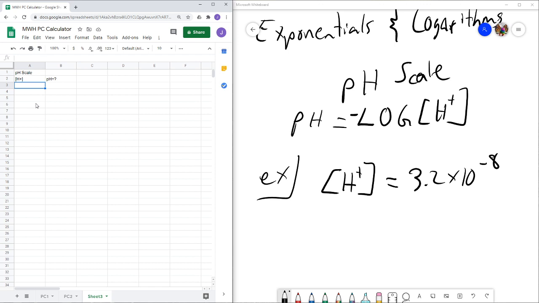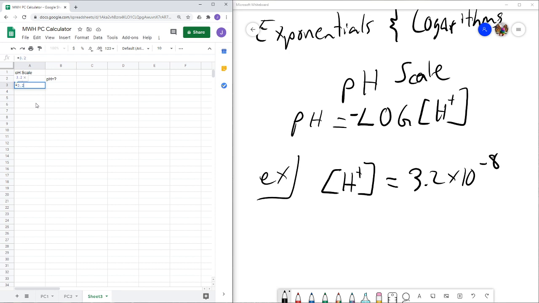How would we implement that? Since this is in scientific notation, I'm going to use the equal sign. If you recall from the last video, the equals is how we enter the equation editor. Now we're in the equation editor of Google Sheets.